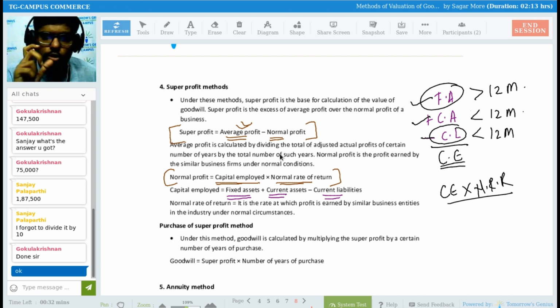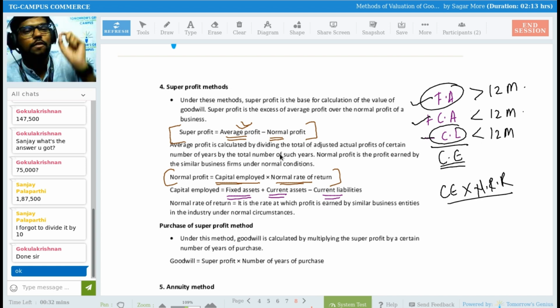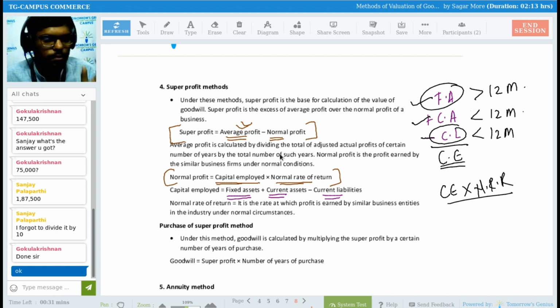Now the question is how to calculate normal profit. For calculation of normal profit, I require capital employed. Capital employed is nothing but the amount invested by you in your business. Simple. Sir, if it is given in the question, no issues. But if it is not given in the question, then I need to calculate capital employed. So how to calculate capital employed? The formula is fixed assets plus current assets minus current liabilities.